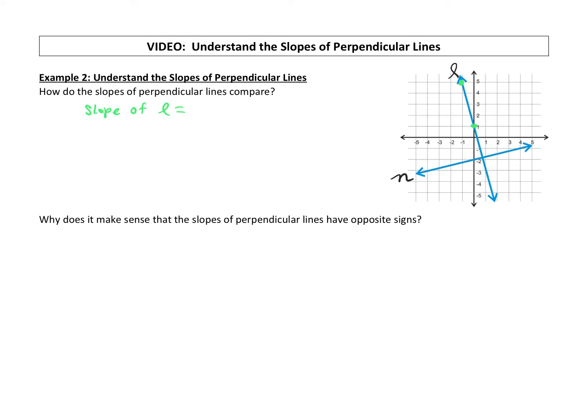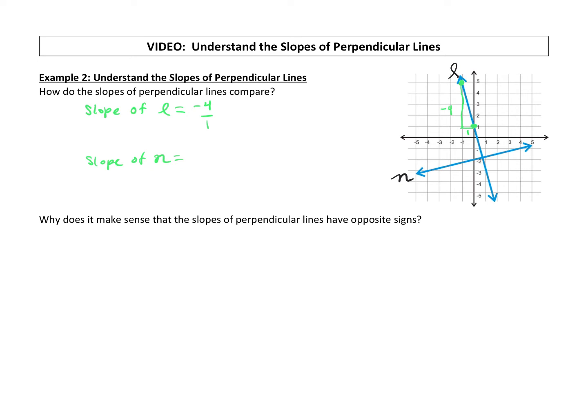When you count rise over run from a graph, just remember you always want to start with the point on the left, and you want to do the rise first. Our rise is actually going to go down 1, 2, 3, 4. So that makes our rise a -4. We always want to end up running to the right, so we run 1, and our slope is -4 over 1.